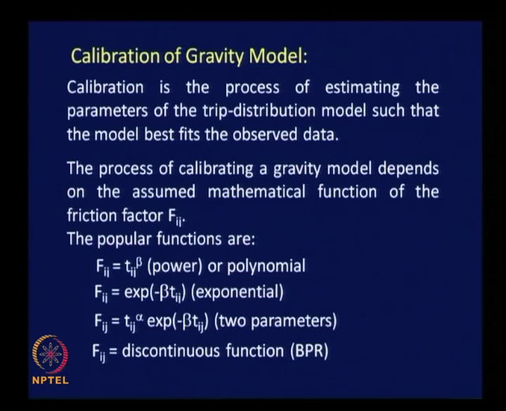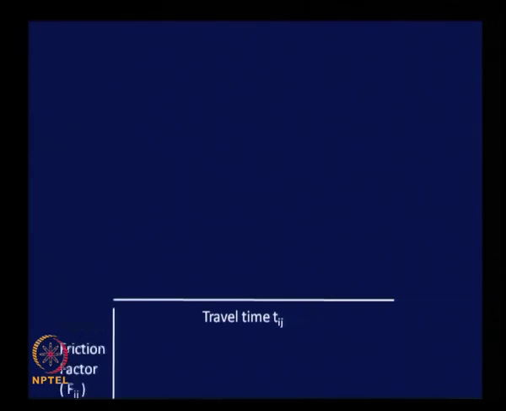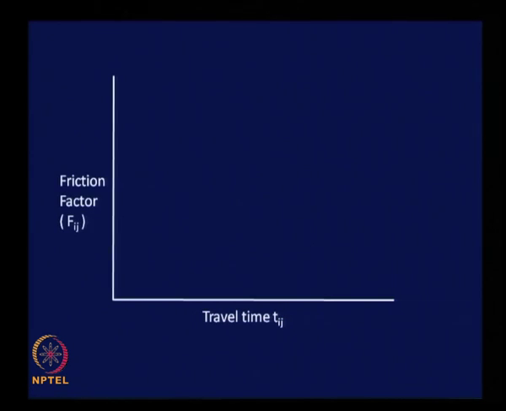And let us just have a feel of the graphical form of these functions, so that you can have a feel of the variation of Fij over travel time or travel distance, mostly travel time. Let us take travel time in the x axis and the Fij value in the y axis.